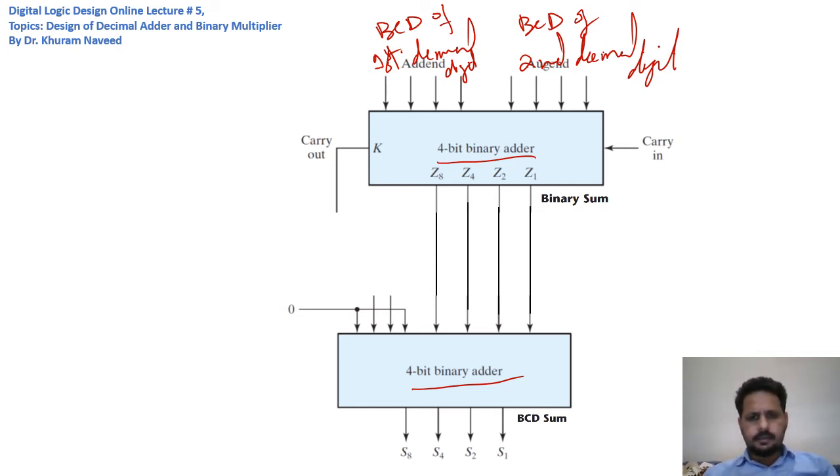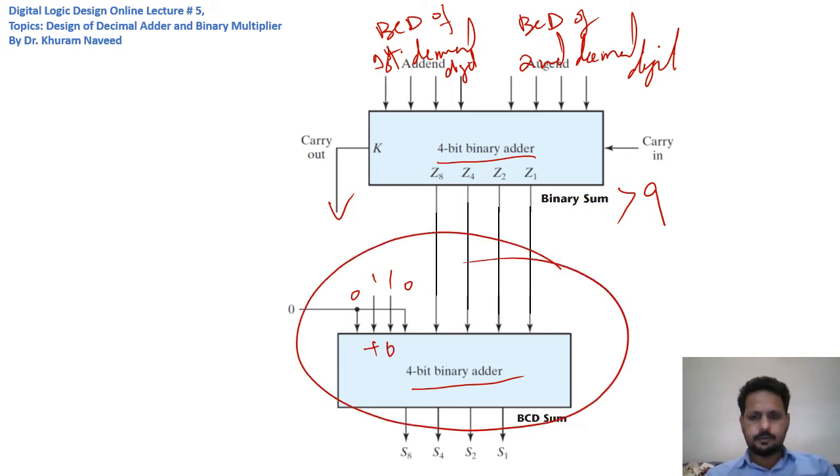And in case where this binary sum is greater than 9, we need to add 6 here. So this is 0 0 0 1 1 0, which is 6. So this binary adder is here to add 6 to the binary sum, when this sum is greater than 9.